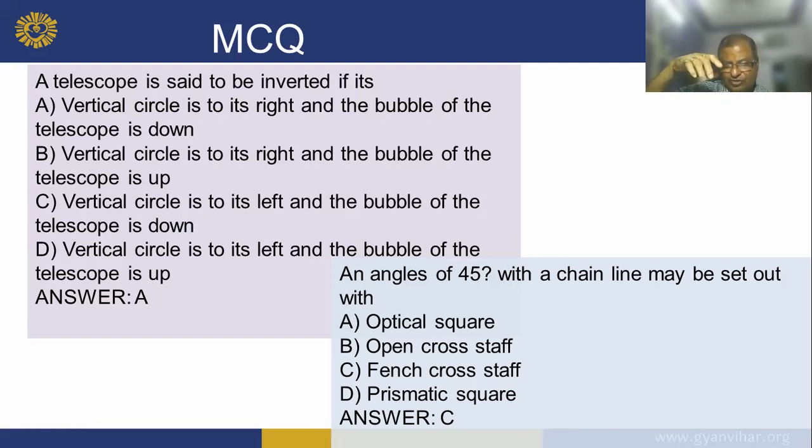Next question. An angle of 45 degrees with a chain line may be set out with which instrument? The correct answer is C, French cross staff.